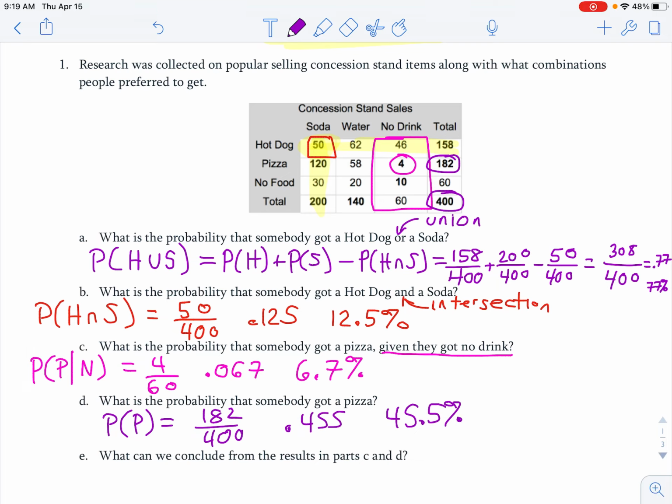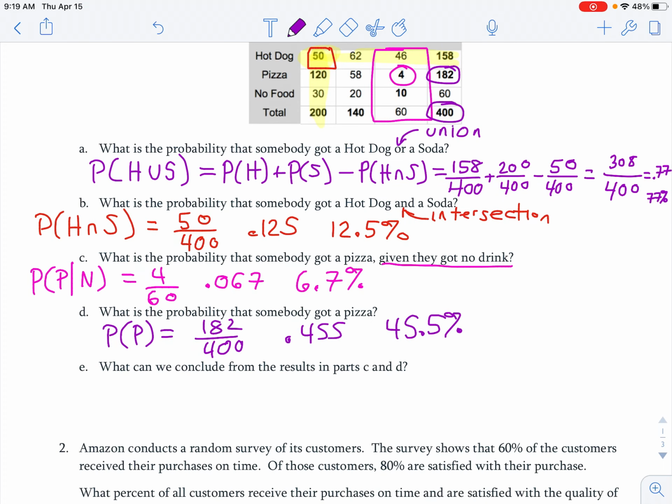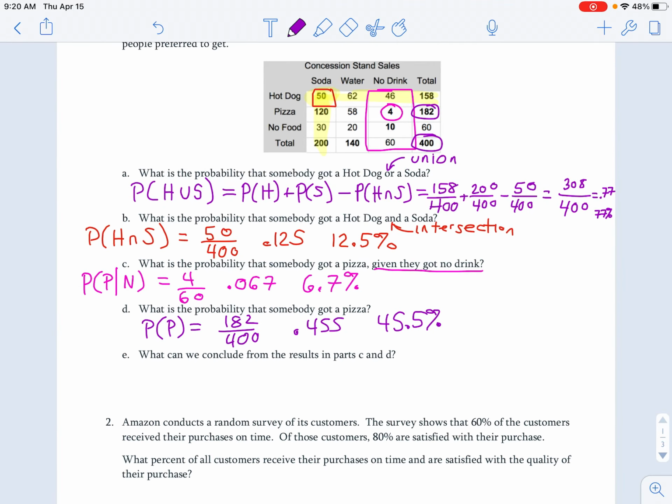So what can we conclude from the results in Part C and Part D? There are a bunch of ways to go about it.